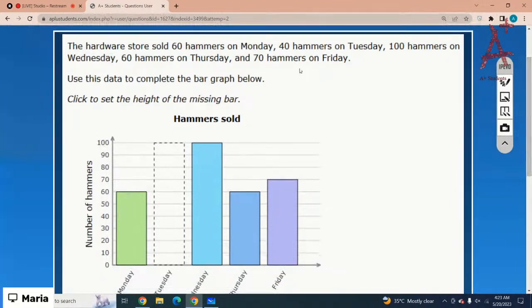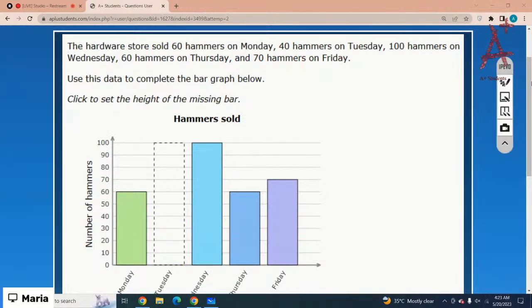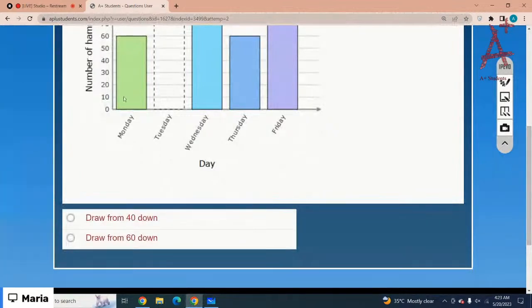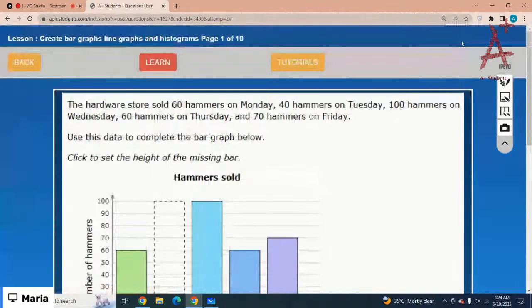On Tuesday, 40. So you need to add just one bar for Tuesday that matches 40. So the correct option is draw from 40 down. Got it? Option number 1 is the correct option.